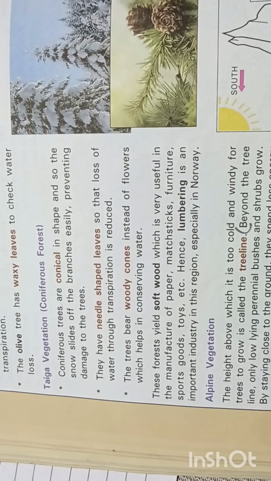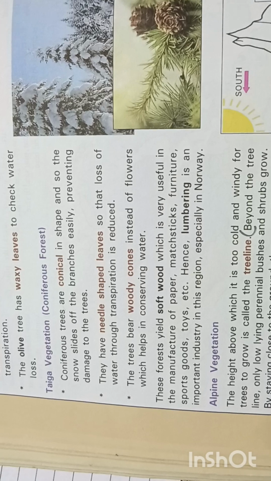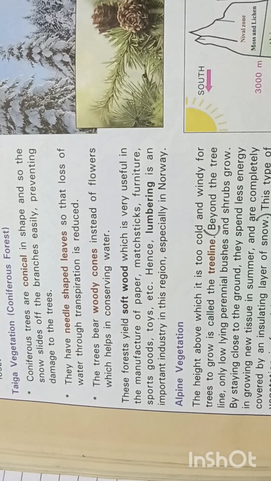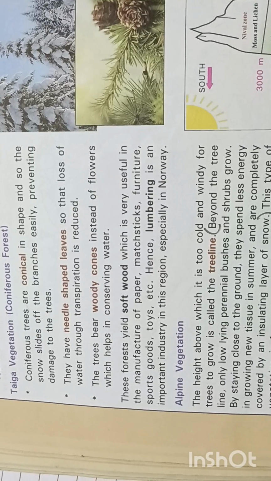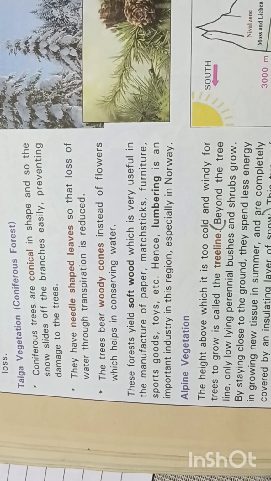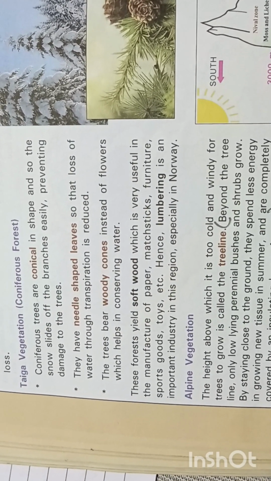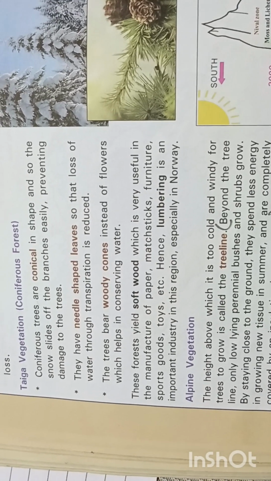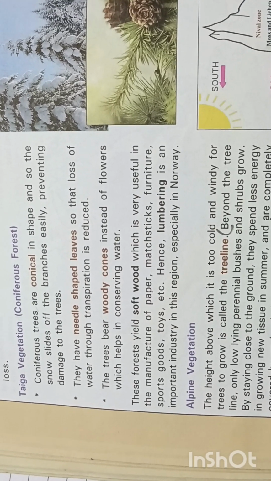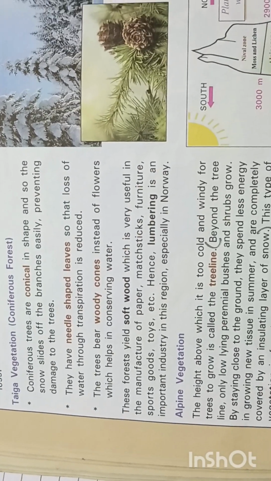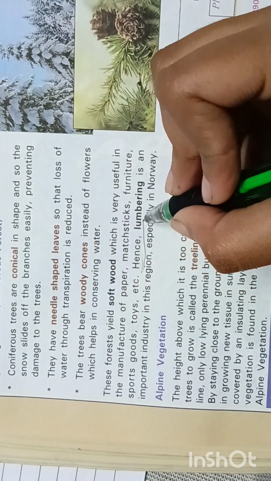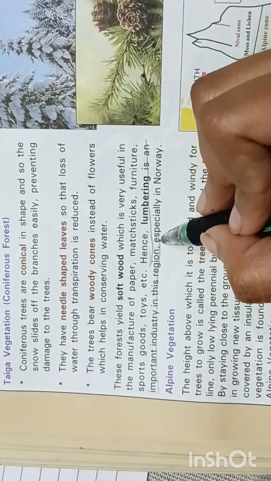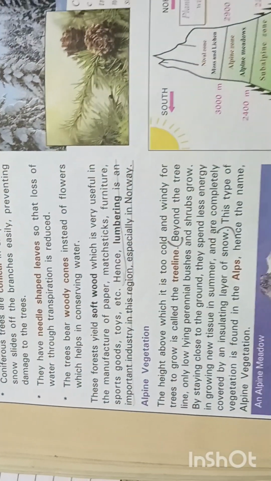These forests yield softwood, which is very useful in the manufacture of paper, matchsticks, furniture, and many other things. Hence, lumbering is an important industry in this region, especially in Norway. This is very important. Underline this line that lumbering is an important industry in taiga vegetation, especially in Norway.